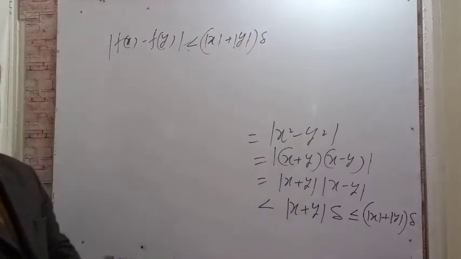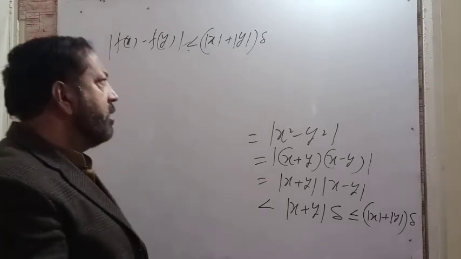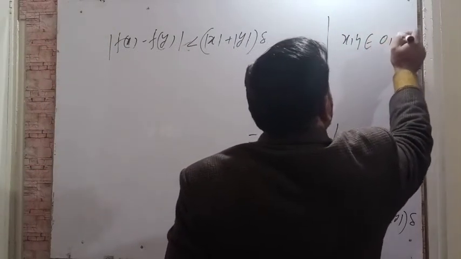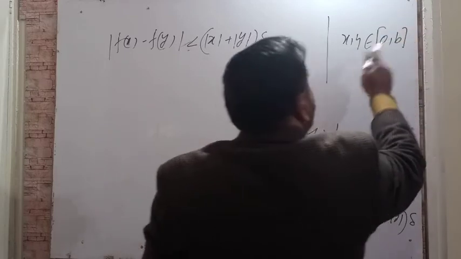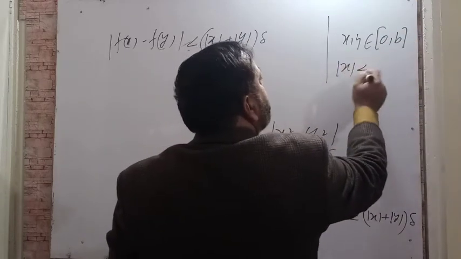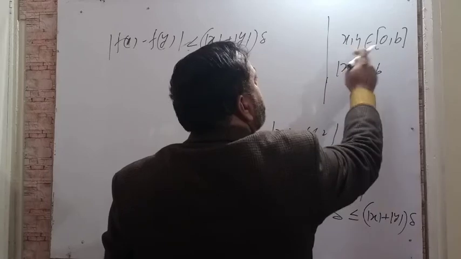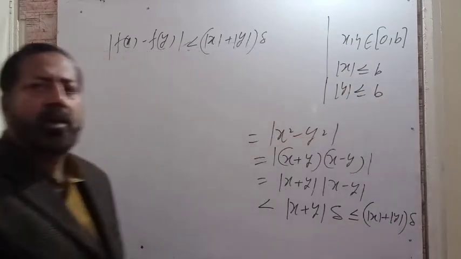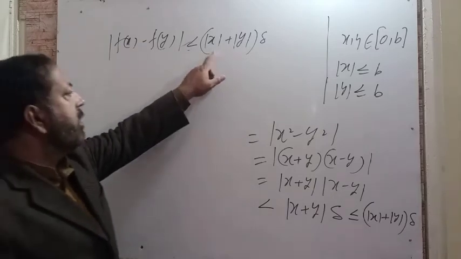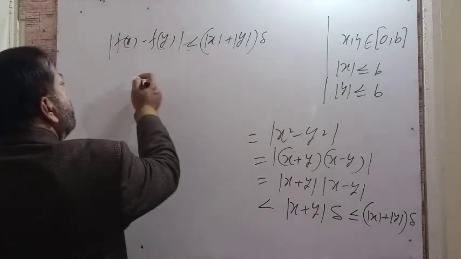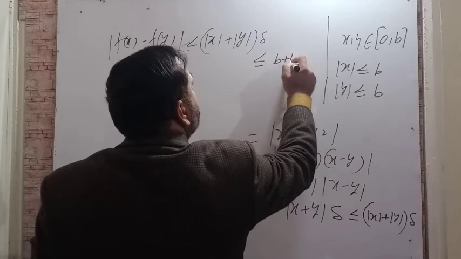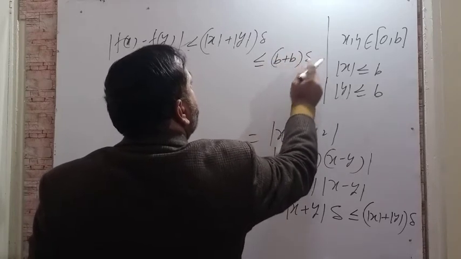Now you know that x and y both belong to [0, b], and that's why |x| must be less or equal to b, and similarly |y| must be less or equal to b, right? So here I can write that this is less or equal to (b + b) delta.